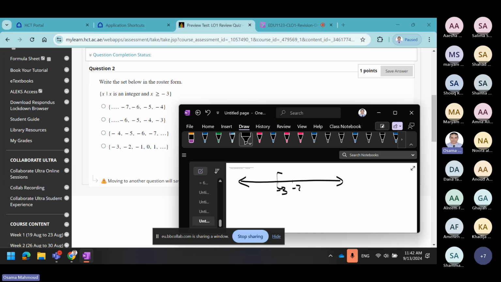Bigger than, you go to the right, right? So what are the numbers here? You can write it in roster form as -3, -2, -1, 0, 1, and dots like this. What is the right answer? Yeah, the last one, right? Okay.